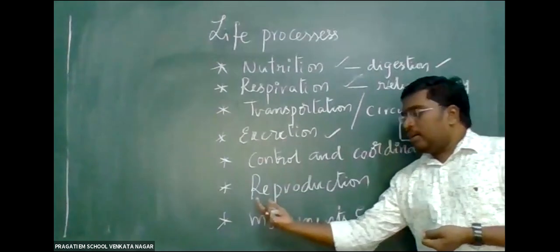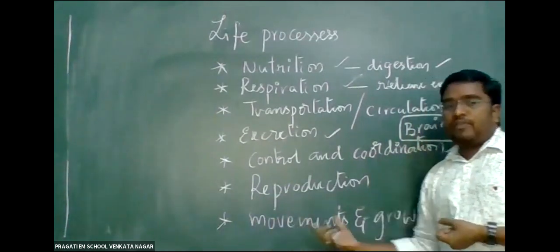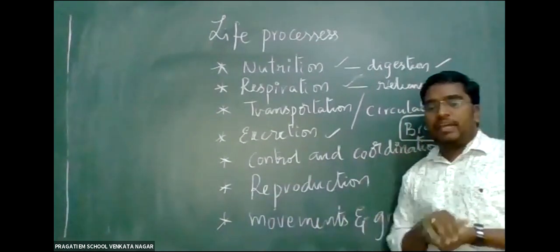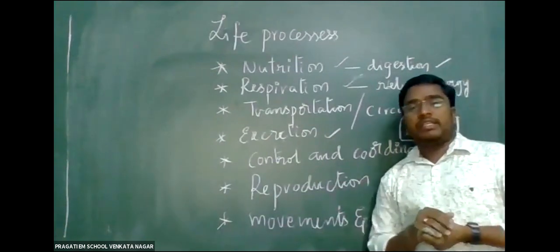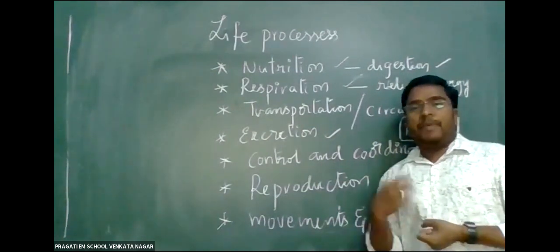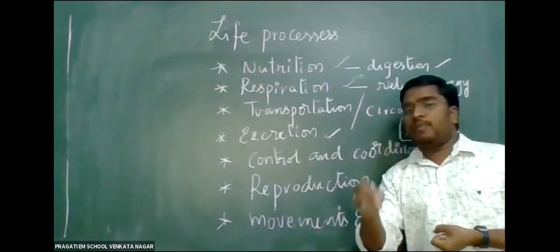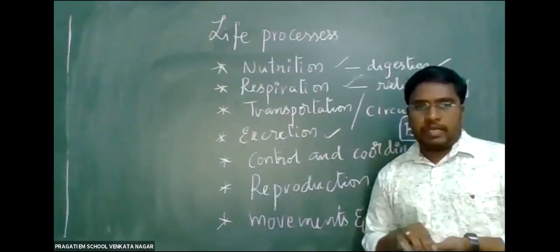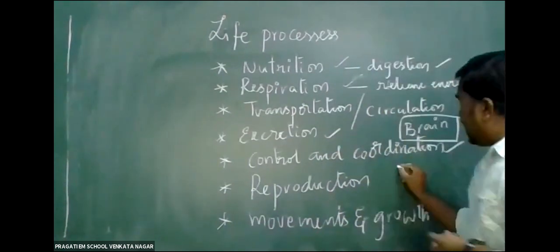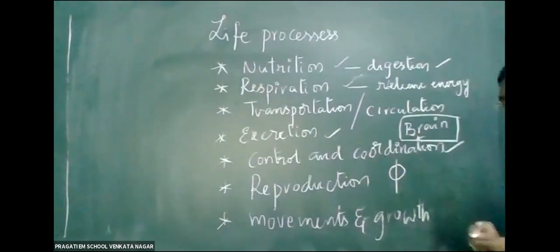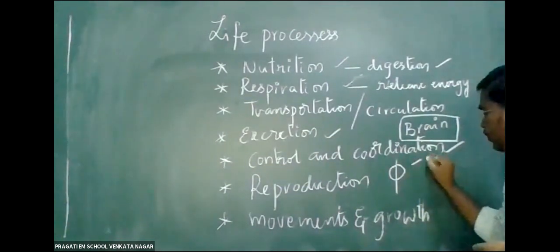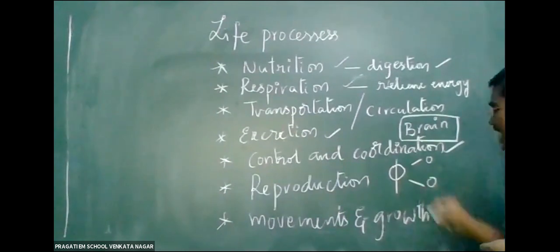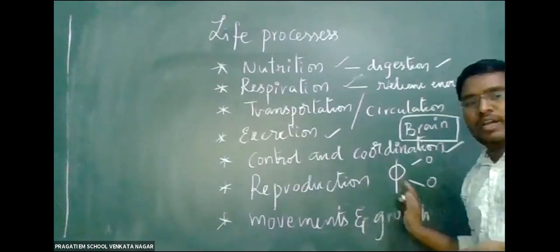See here, a single cell can perform all the functions. For example, take amoeba, a unicellular organism. It can perform all the functions with the help of its cell. As we know, that particular cell divides into two equal halves with the help of reproduction.